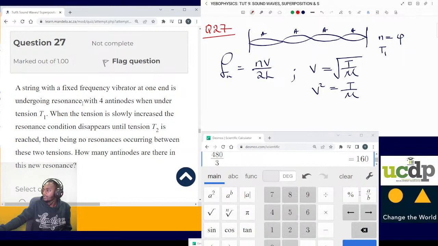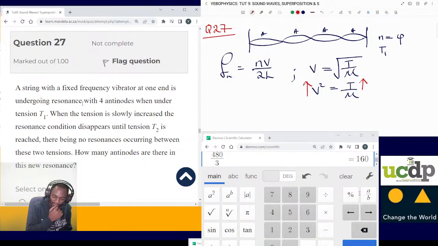In this case, it says the tension is slowly increased, so we are dealing with an increase in tension. So when tension increases, we expect the velocity to increase.